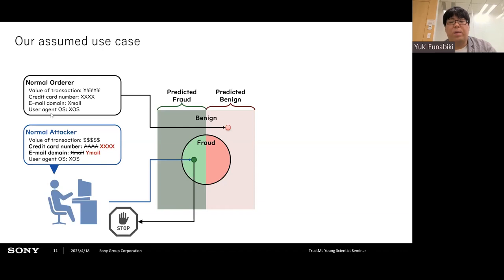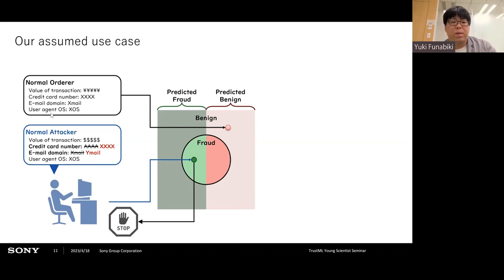You can imagine an e-commerce situation, where people submit their orders via online shopping, and the fraud detection model detects whether the order is fraud or not, benign or not. The normal order contains the value of transaction, the total of some counts, credit card number, and some email domain or user agent.